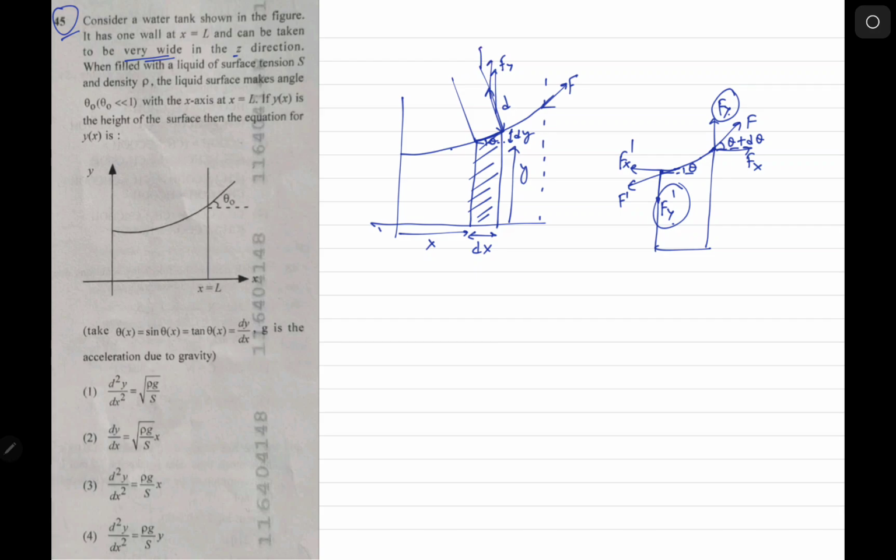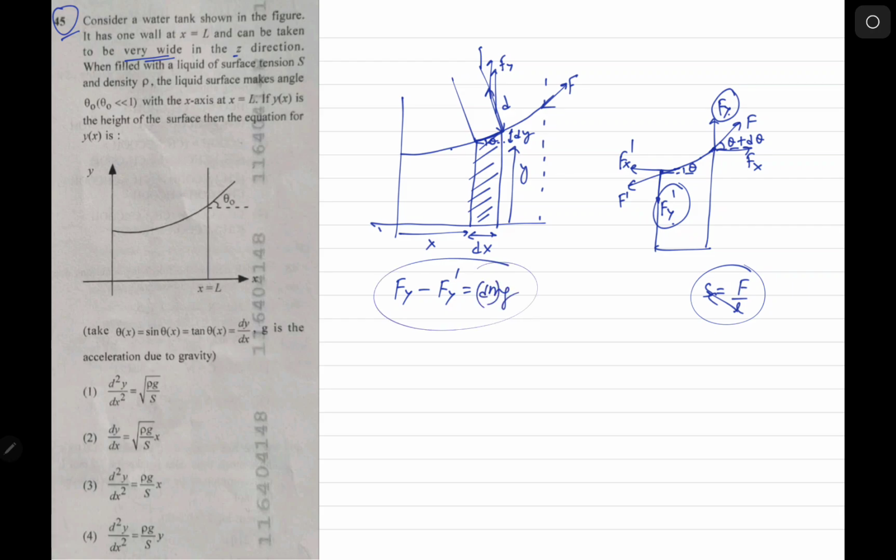So the surface tension formula is s equal to f by l, right? So now f is equal to s into l. So we'll balance the forces: fy minus fy dash equal to dm g, the mass of the element.